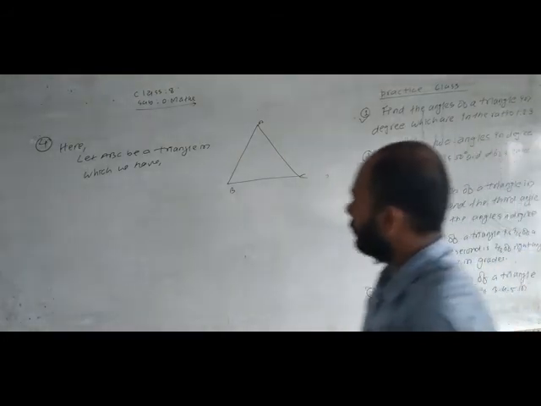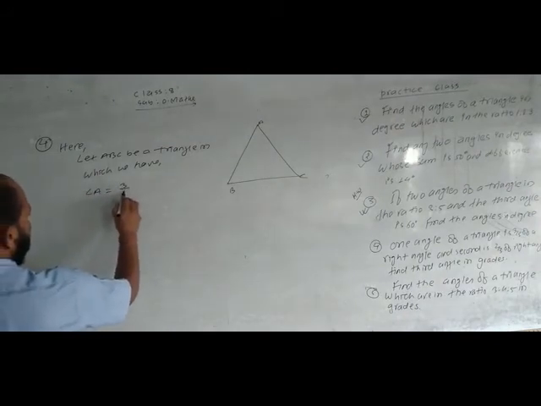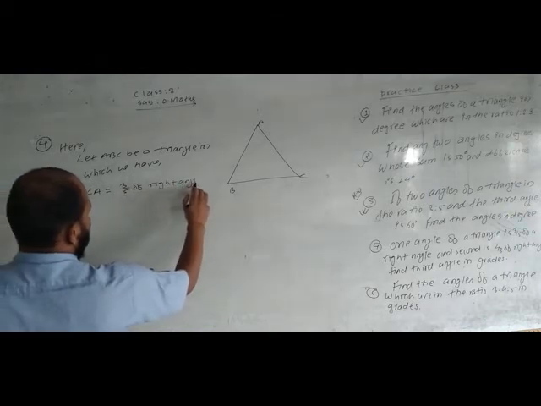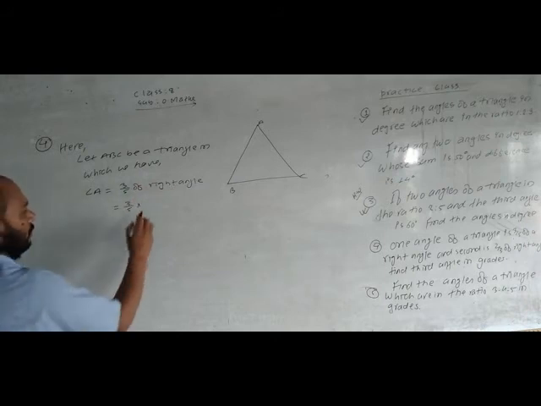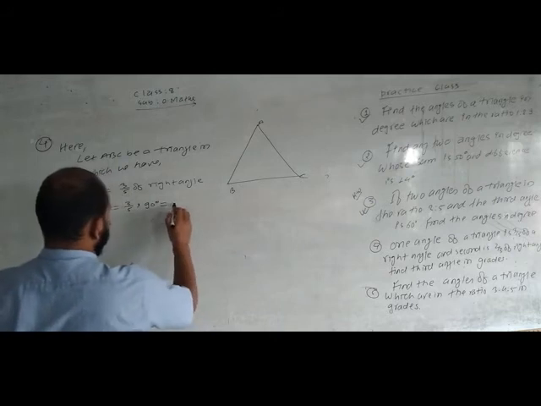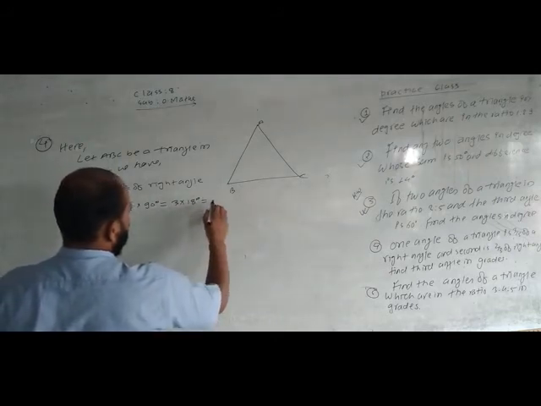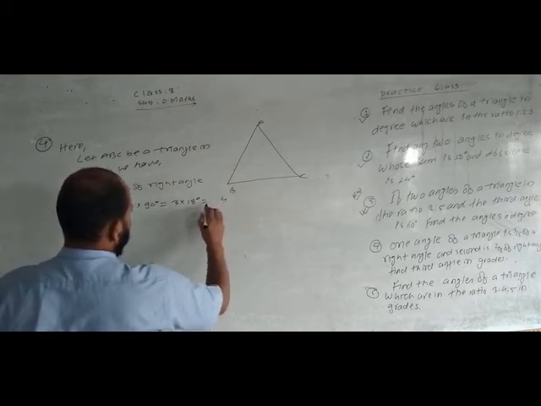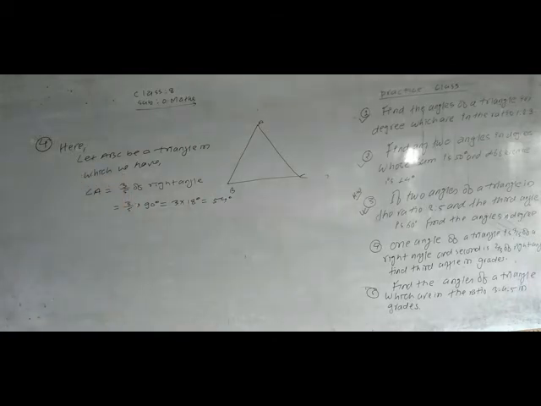In which we have angle A is equal to 3/5 of a right angle. You know what is the value of a right angle? 90 degree. So 3 into 18, we have 54 degree. Okay, write down.